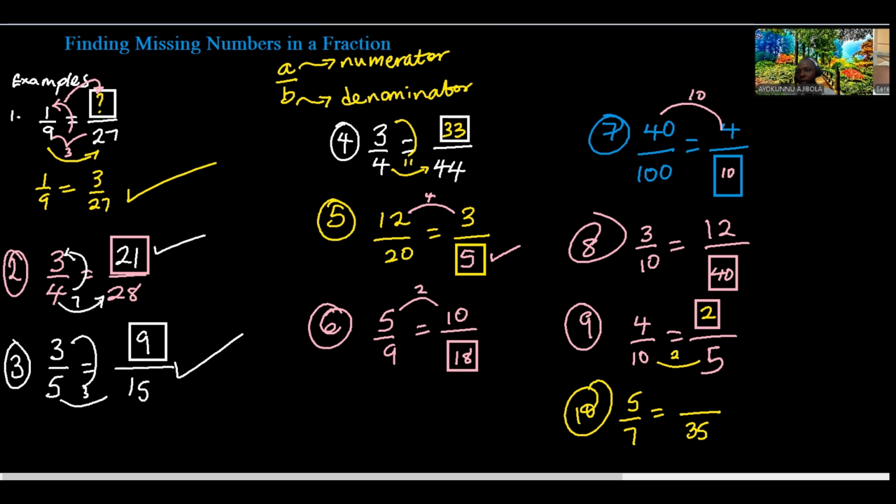So what should that something be? 7 times what will give me 35?